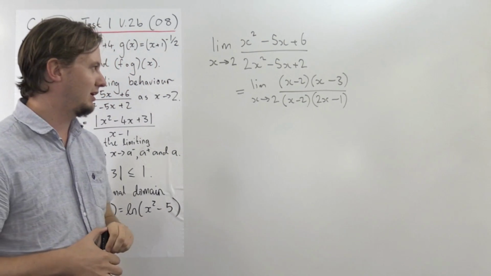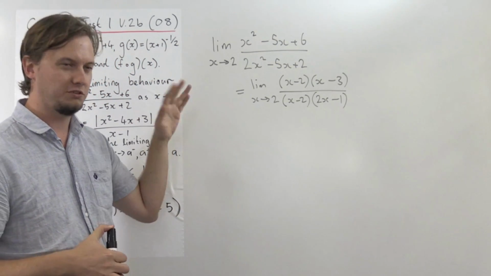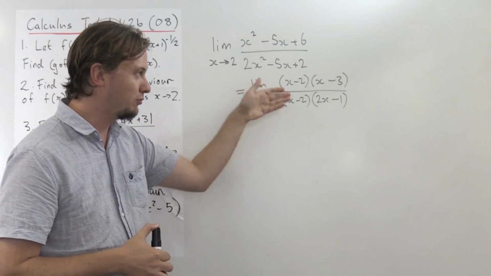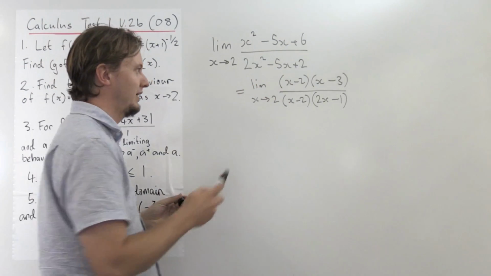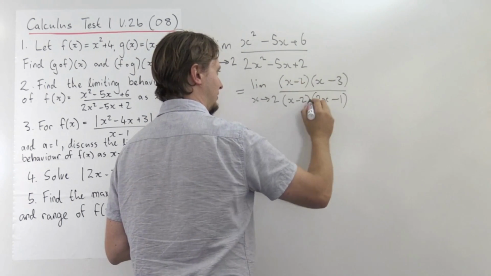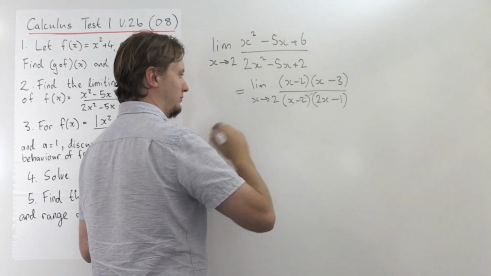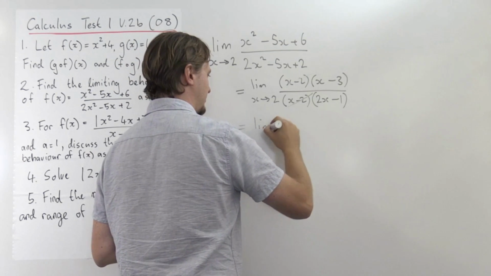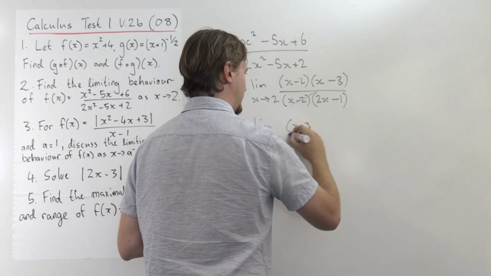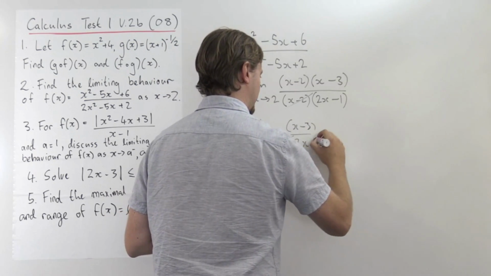Now, I'm not really concerned about what's happening at 2 because it's not defined there. But as long as I'm approaching 2, so not quite at 2, then these will all just be numbers and these two will cancel out. So we'll get that this is going to be the same as the limit as x approaches 2 of x minus 3 over 2x minus 1.